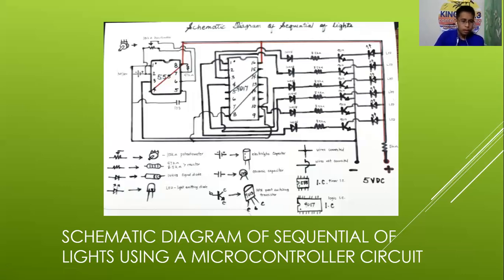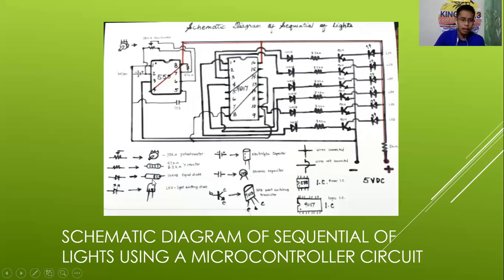And a fixed resistor has a fixed value. Like this one, this is a carbon type resistor. We have two values here: 47 kilo ohms for 555 and 8.2 kilo ohms for the output of 4017. So two different values of resistor: 47 kilo ohms and 8.2 kilo ohms resistor.